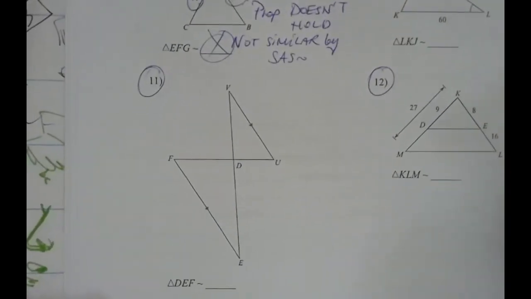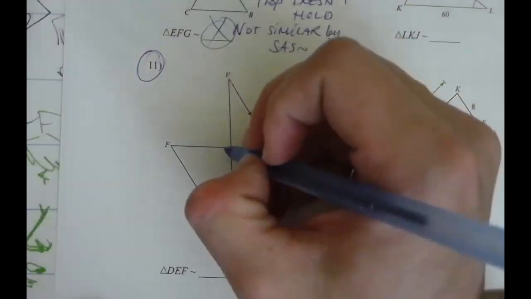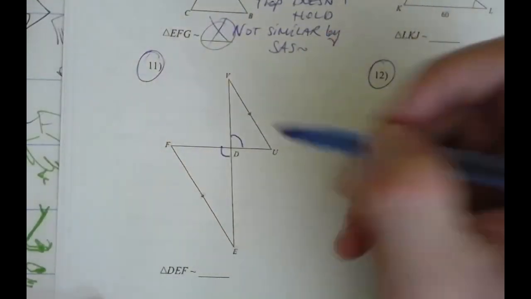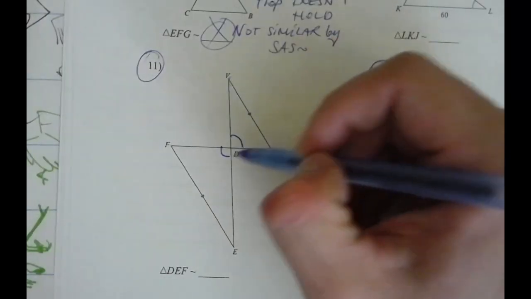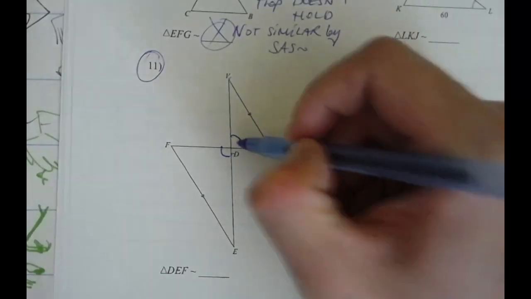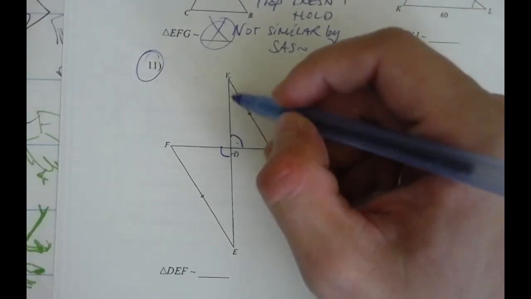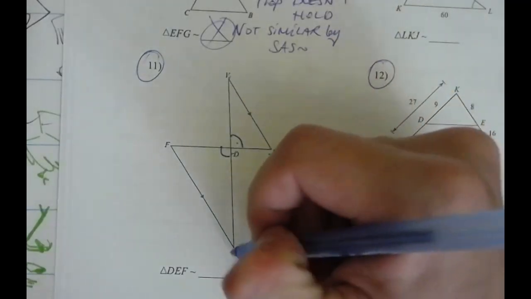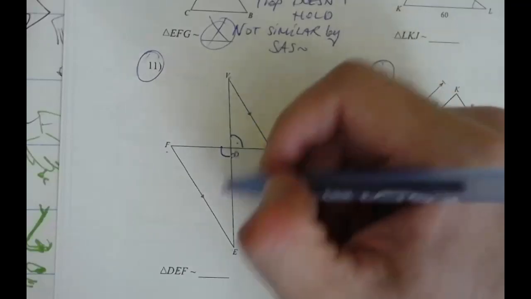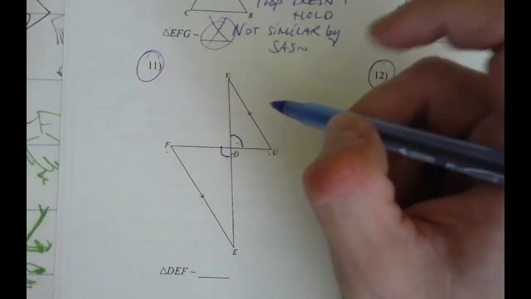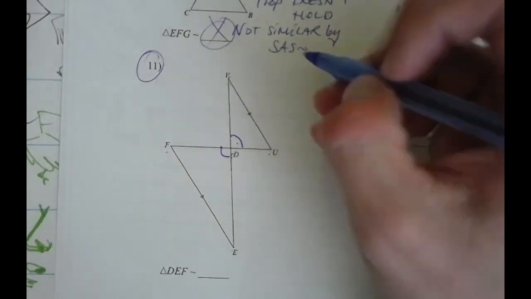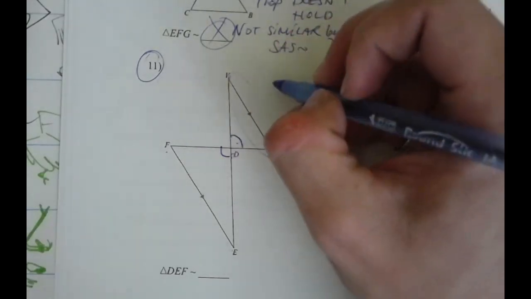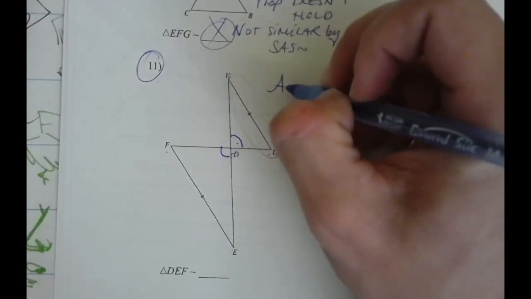So number 11 down here, I immediately also notice vertical pairs going on here around the point D. So the angle VDU is, maybe not obviously, but congruent to angle EDF by the vertical pair theorem. Great, awesome. That's one angle. Now, I don't know anything really about the lengths of sides. So the only other way I could do something is if I had one more angle, I could aim for angle-angle similarity.